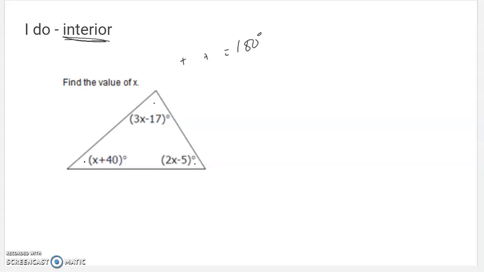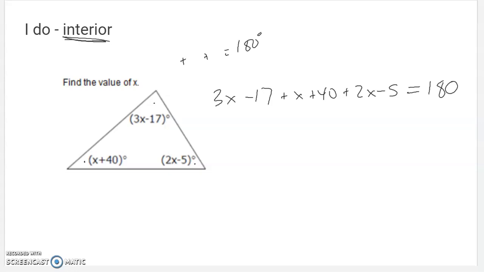So I'm going to use that fact here to say that this angle plus this angle plus this angle, those add up to, that's all three angles in a triangle, interior angles, so those should add up to 180.